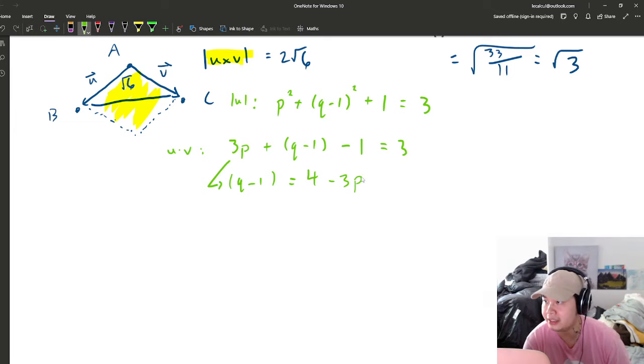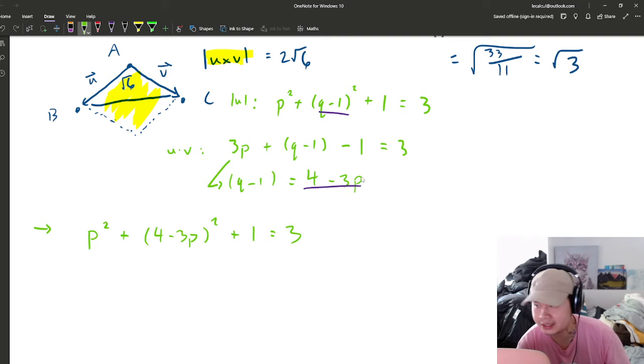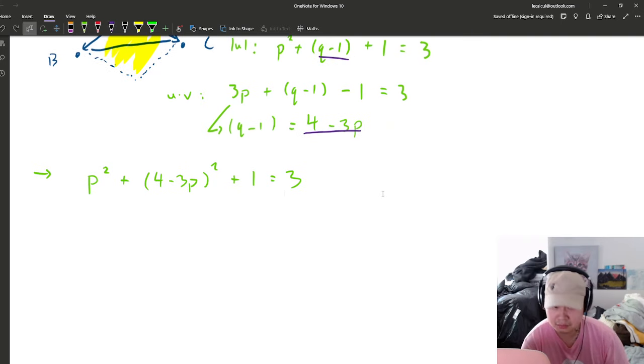Okay, so now that I put that into here, then I'm going to get p squared plus (4 minus 3p) squared plus 1 equals 3. And then you can solve this. You can use an equation solver. It's a quadratic, so maybe you don't have to.